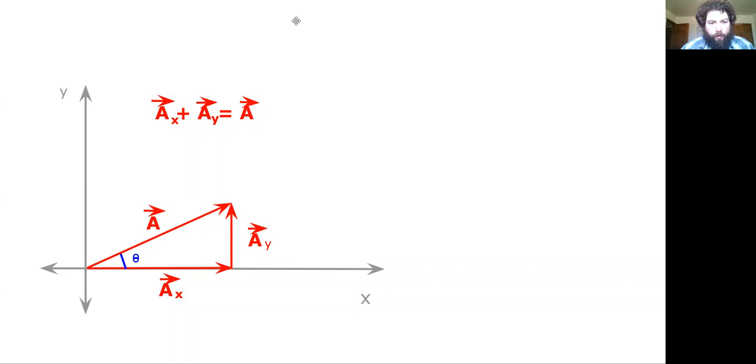Here's the way I remember it, and I've used this ever since grade school or middle school or high school or whenever you learn it. It's SOHCAHTOA. So sine is opposite over hypotenuse, cosine is adjacent over hypotenuse, and tangent is opposite over adjacent. So that's how I always remember it.